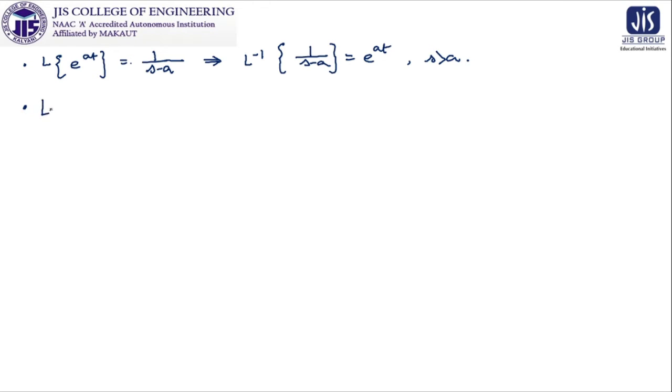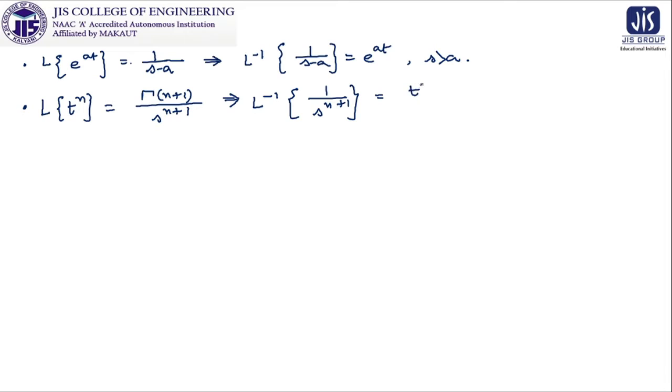Next, the Laplace transform of t to the power n is gamma n plus 1 by s to the power n plus 1. So the Laplace inverse of 1 by s to the power n plus 1 will be t to the power n by gamma n plus 1, where n is greater than minus 1.